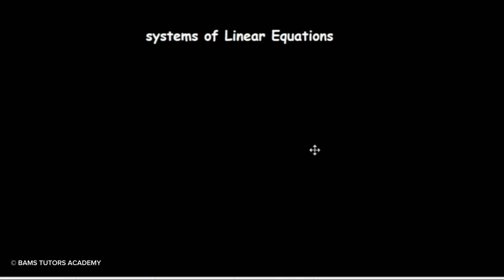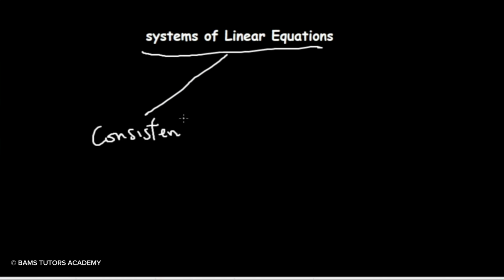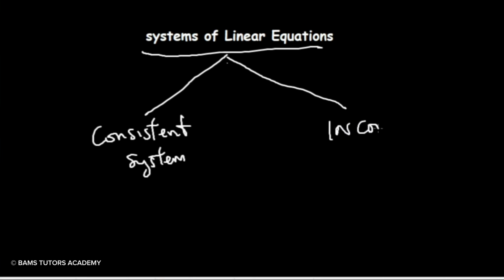So in a system, there are two types of system. Basically, there are two types of system. We are going to be saying this later, but let me just mention them. We have what is called a consistent system, and we also have an inconsistent system.